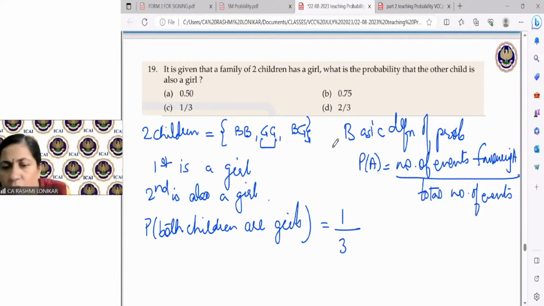So how many are favorable of A? Both are girls, only one. And what are the total? BB, GG and BG. So you have 1 upon 3.